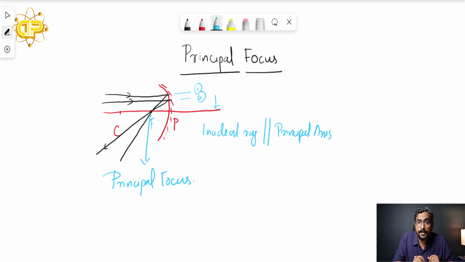The incident ray should be parallel to the principal axis. Then only the converging point will be on the principal axis and we call it principal focus. If the incident rays are not parallel, then they will meet at a particular plane and we call it the focal plane, and we will not call it principal focus, we call it focus or foci. There are many foci, but there is only one principal focus.